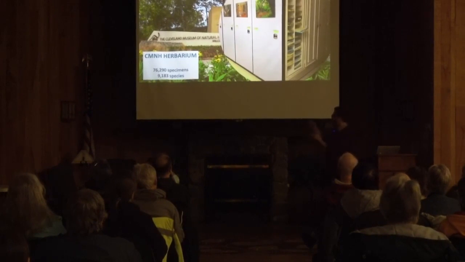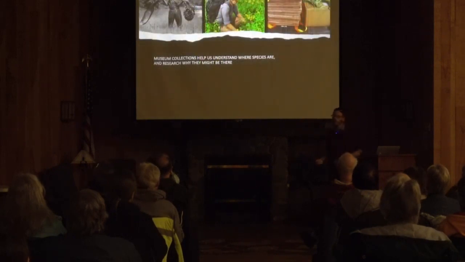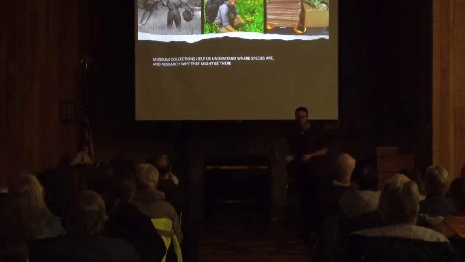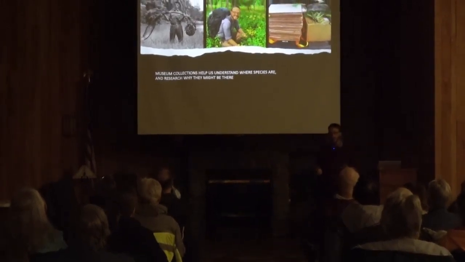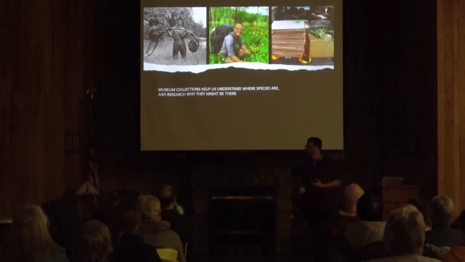So in the herbarium, which is where I work with my plants, we have about 76,000 specimens. That is representing almost 10,000 species. So this is the work of hundreds, maybe even thousands of collectors over hundreds of years. Our oldest collection goes back to 1725. We've inherited it from someone else's collection.